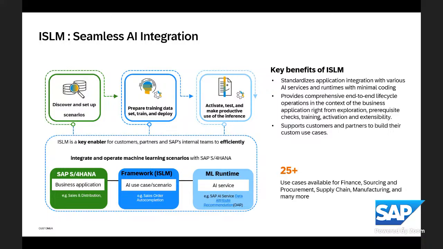As you can see here, we provide a comprehensive platform for managing the entire life cycle of intelligent scenarios or AI use cases. So whether you are a customer, a partner, or our internal SAP development team, ISLM is the powerful enabler, which is your default or go-to tool for you to bring AI from concept to reality within your SAP ecosystem.